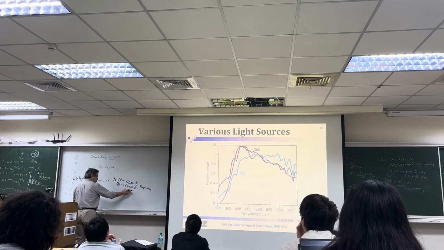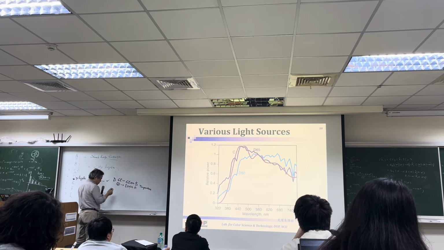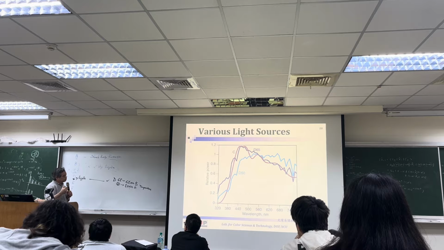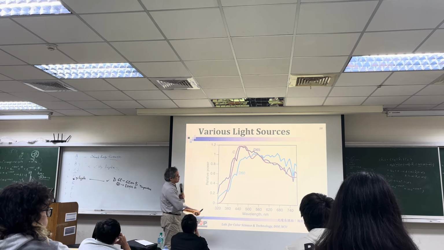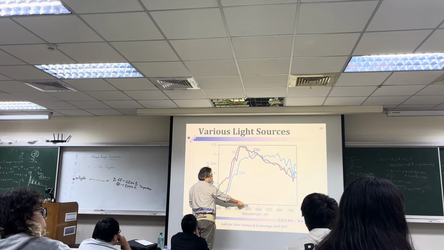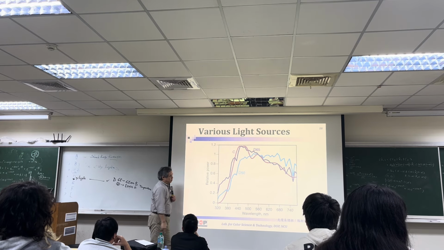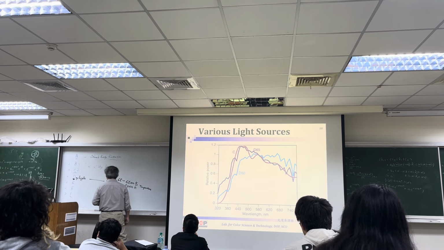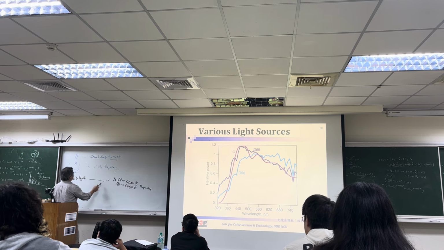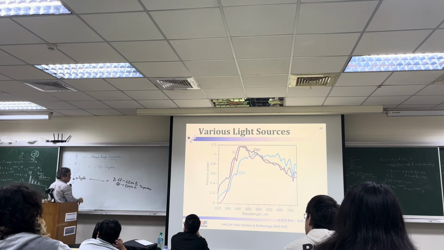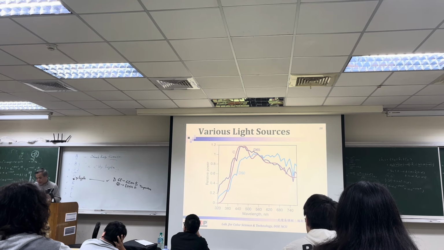So we apply the concept of temperature to describe the different distributions of one series of light source. Why do we use temperature? We need to go back to talk about black body radiation.